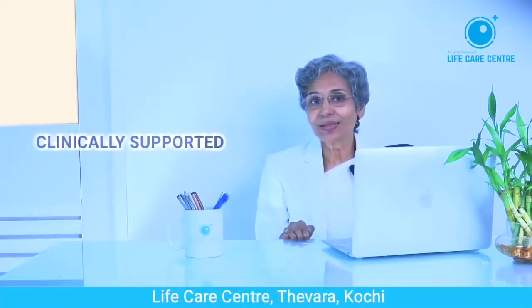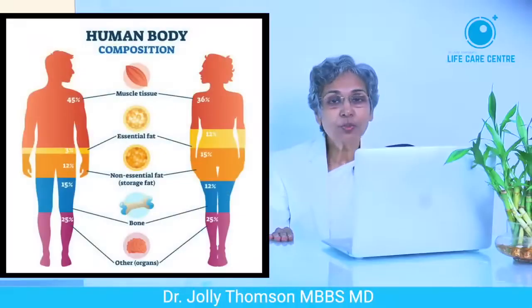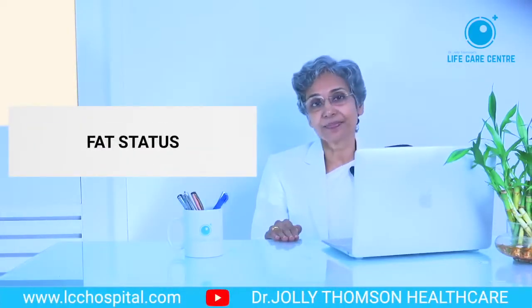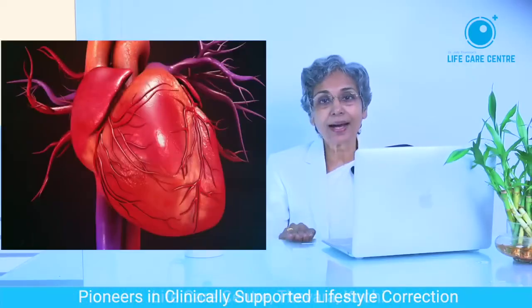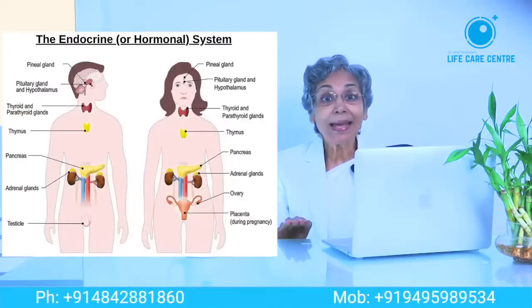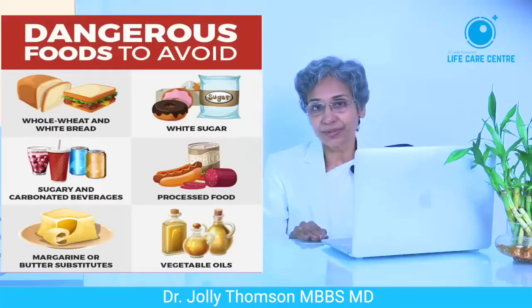Next, let us understand what is clinically supported and supervised lifestyle correction. In this, the first step is to understand your body parameters by assessing body composition, the lean mass to fat mass ratio, body age, fat status, etc. Second step is to evaluate the current status of your organs like the heart, blood vessels, liver, kidney, pancreas, hormones, immune system, toxin level, nutritional status, etc. And also to find out the most suitable food for your body and what to avoid.